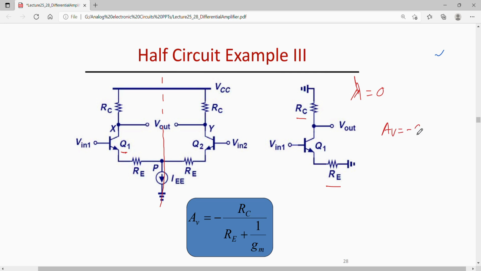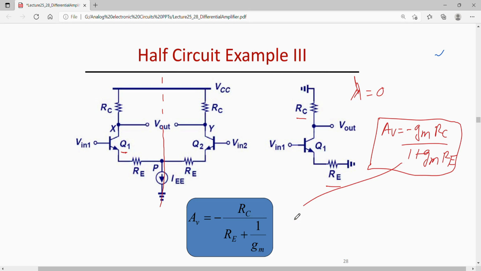We had found the gain of this circuit as minus GMRC by 1 plus GMRE some time back, while discussing the common emitter configuration with emitter degeneration resistance. So this is the gain of the half circuit, which is also the gain of the full differential pair.